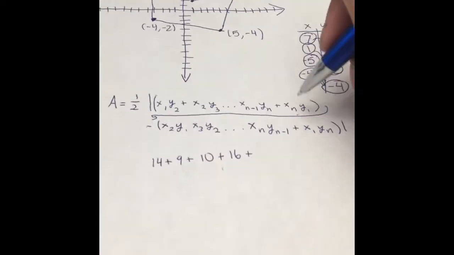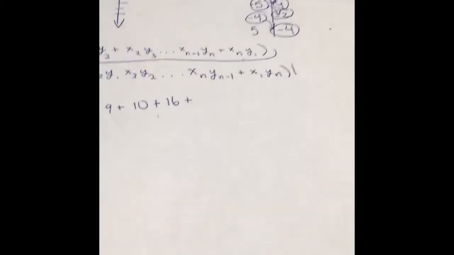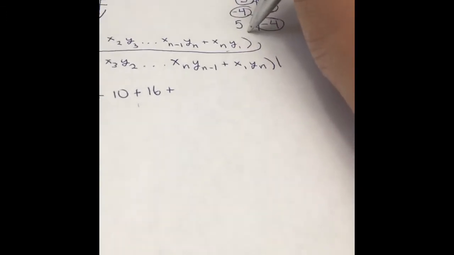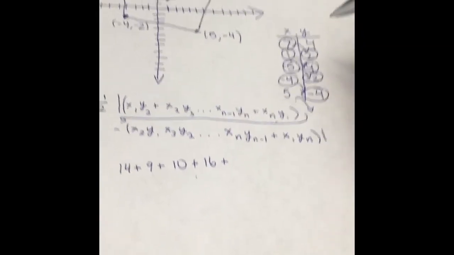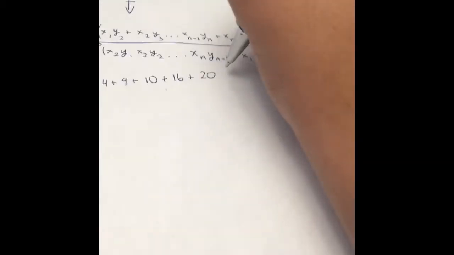Now, we have this external term right here. What do we do with this external term? Well, there's also this y term right here. So, following this principle, we take the term below it, but since there's no term below it, we bring it all the way back up to the top. So it would be 5 times 4, which is 20. When you add them all together, you get the total sum of 69.